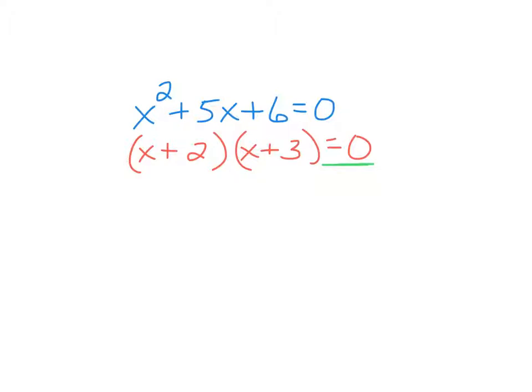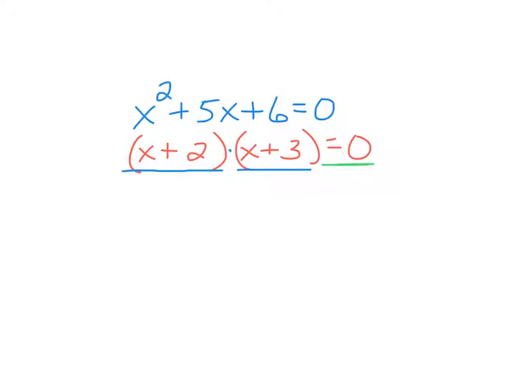Because it equals 0, that means that either the x plus 2 has to equal 0 or the x plus 3 has to equal 0, because I am multiplying these two factors together. And the only way to get 0 when you multiply two numbers together is that one or both of the numbers have to equal 0.